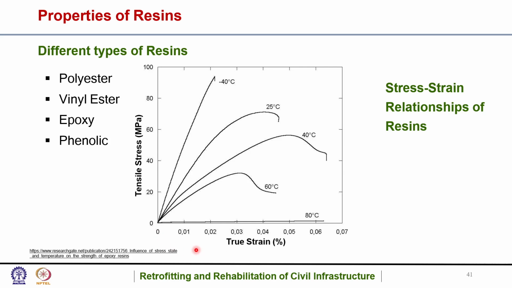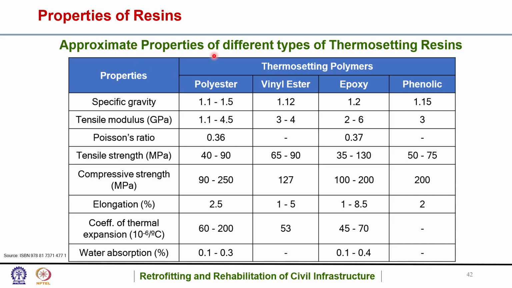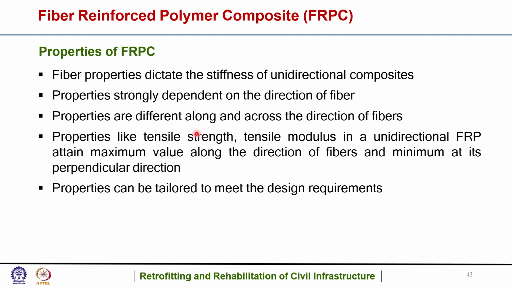Here also the stress versus strain graph has been shown between those at various temperatures. The approximate properties of the different types of thermoset resins, which are polyester, vinyl ester, epoxy, phenolic, are also shown in terms of specific gravity, tensile modulus, Poisson's ratio, tensile strength, compressive strength, elongation, coefficient of thermal expansion, and water absorption.